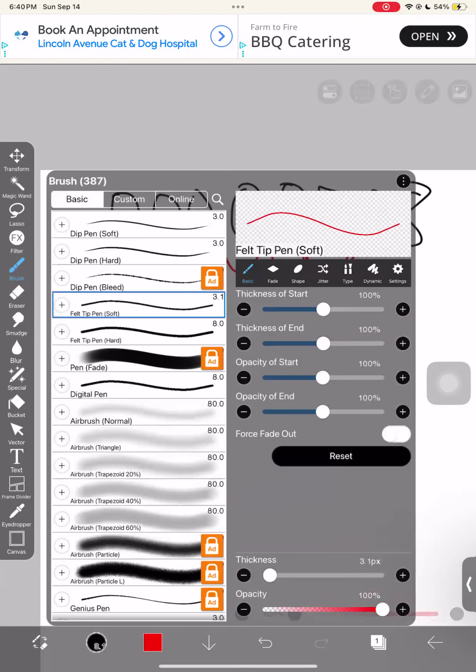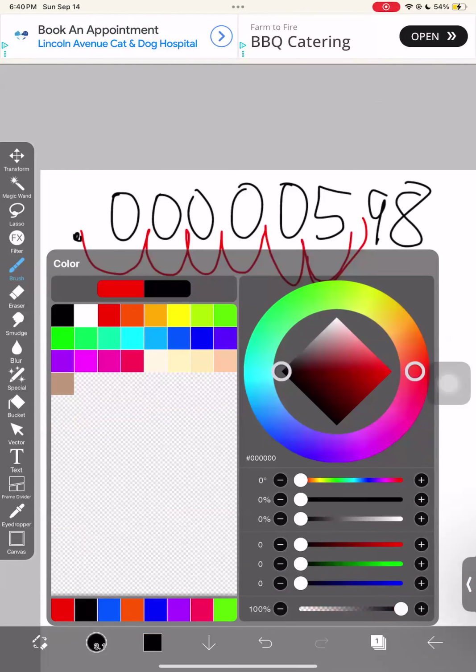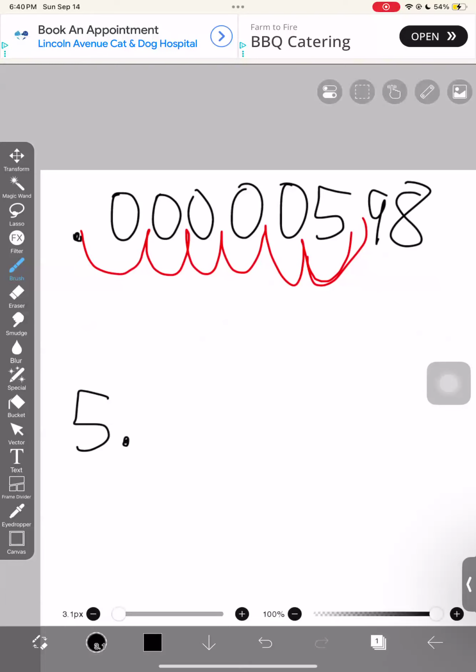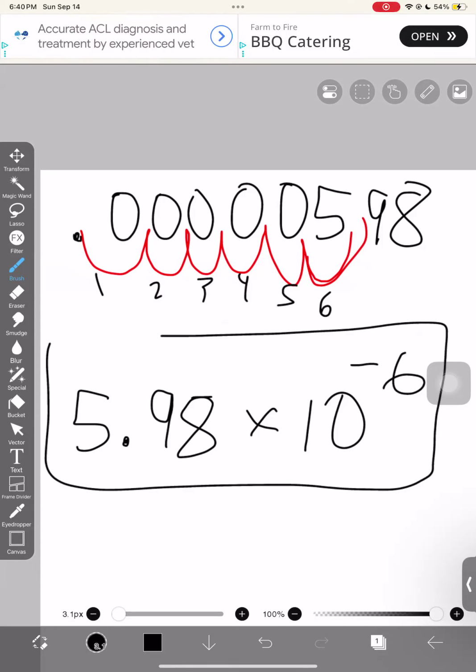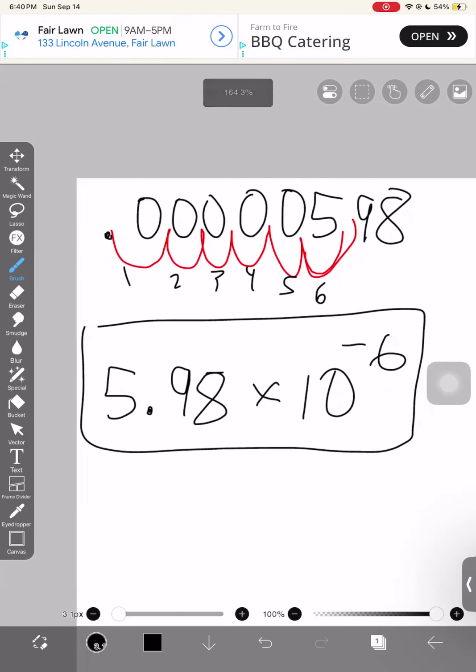Right? So our A still has to be, so it'd be -6. So when it's a very, very small number, we have to always remember to use negative.